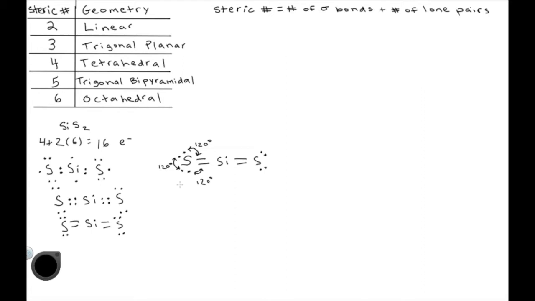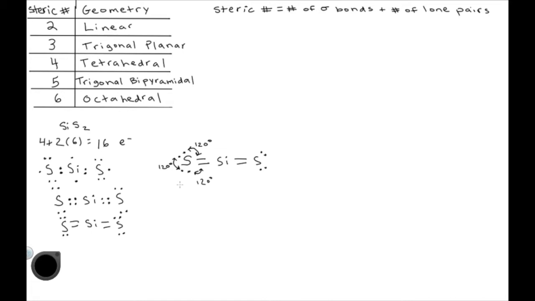And as you can see, there are 120 degrees of separation between each electron pair. Double and triple bonds count as one electron pair according to VSEPR theory and have only one sigma bond apiece. So for more information on this, check out the video titled Identifying Hybridization States Theory, and also check out the video titled Identifying Hybridization States Practice. The links will be in the description.